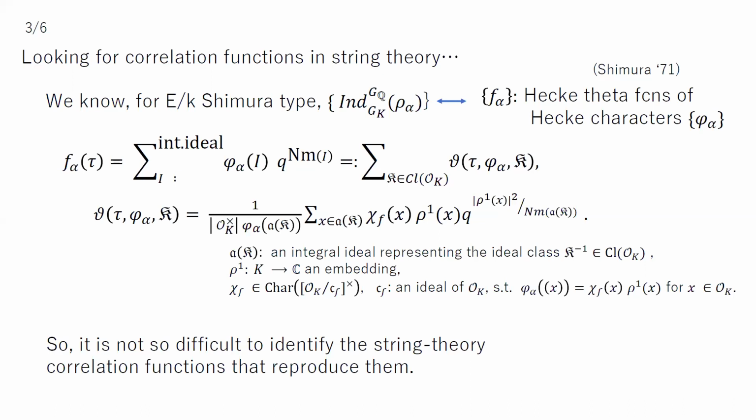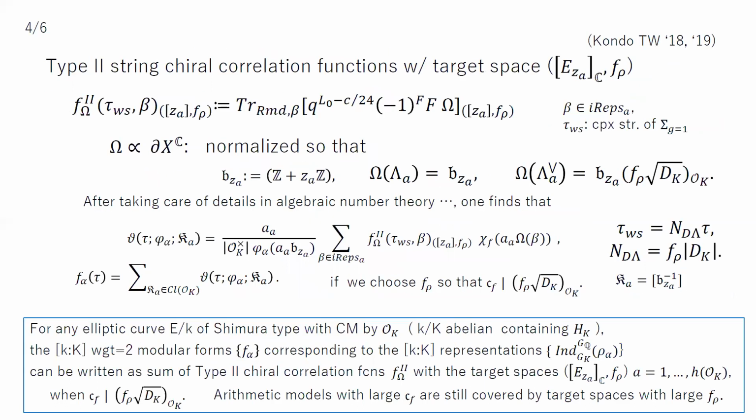There are technical details, but now we know what the modular form is. When that function is understood at this level of detail, it is not so difficult to identify which kind of observables in string theory can reproduce this function f. So here's an answer. We use a type II superstring theory, and think of the genus 1 amplitude or trace in the Ramond sector for each one of the irreducible representations of the chiral algebra.